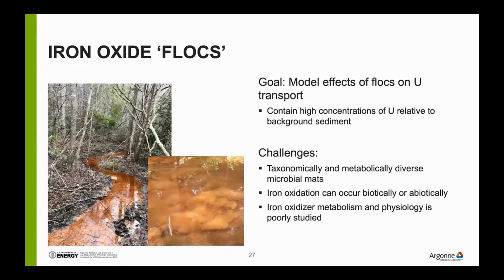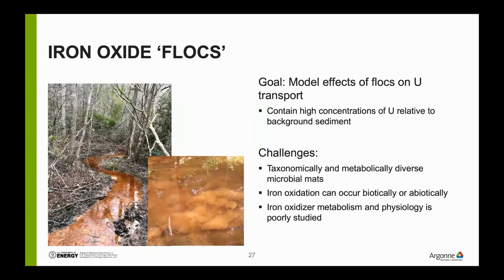They're really discrete in terms of their temporal occurrence, as well as their spatial occurrence. But the samples that we took from them contained particularly high concentrations of uranium relative to the background sediments in the area and the water itself. And so we think that these are probably pretty important for understanding what's going on with uranium and water quality in the system in general.